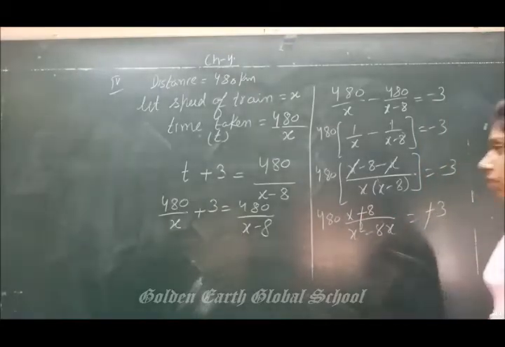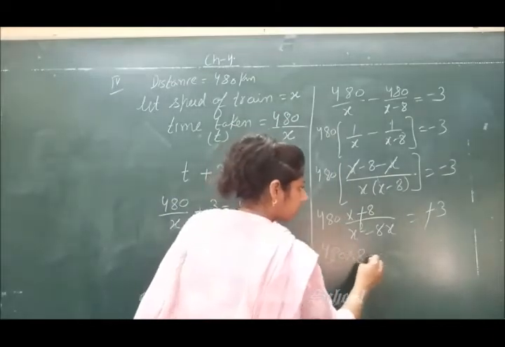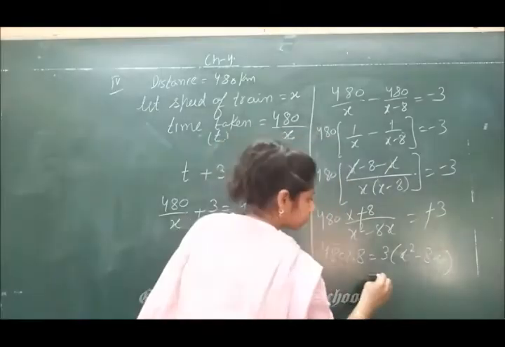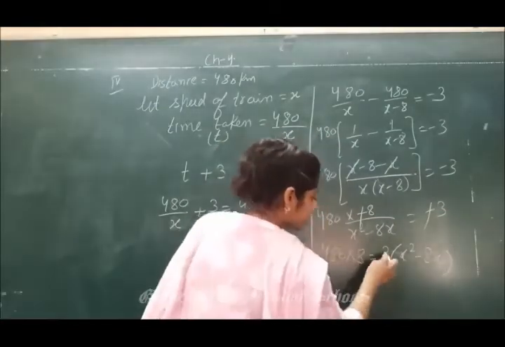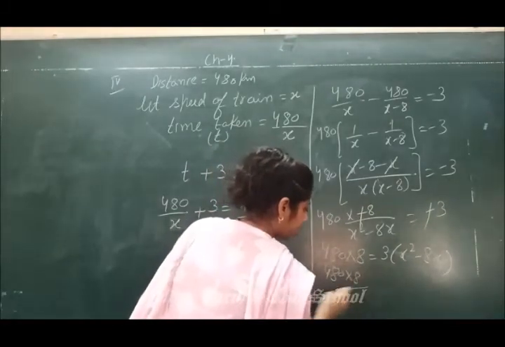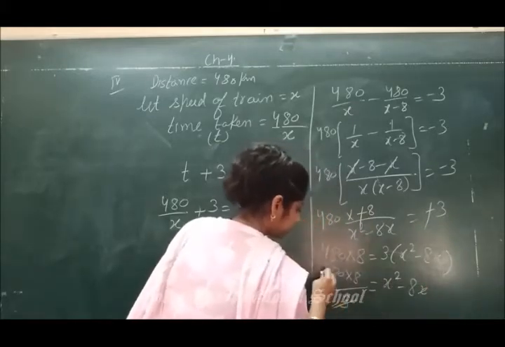This negative sign will be cancelled. 480 into 8. Now cross multiply x square minus 8x. Or you can shift 3 to the left hand side. 480 into 8 upon 3 equals x square minus 8x.